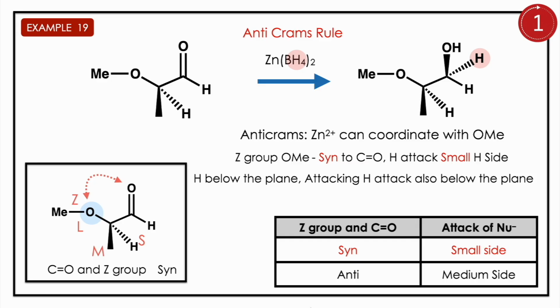So according to Anti-Cram's rule, Z group and CO syn to each other means small side attack. Here the small side is hydrogen, which is below the plane. The attacking species is also hydrogen, so it will attack below the plane. OH comes above the plane. So you have the final product with OH above, hydrogen below.